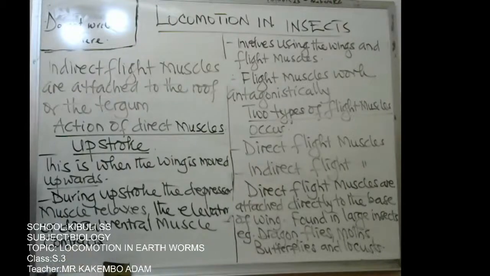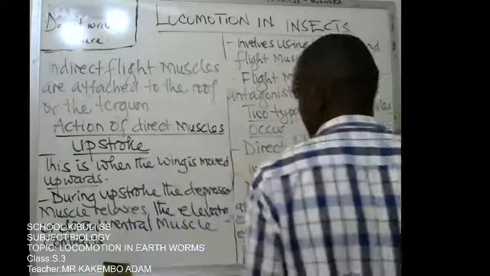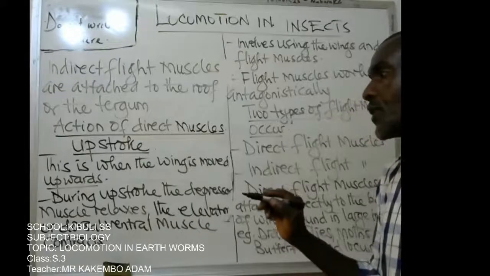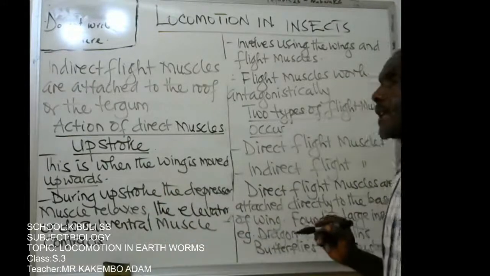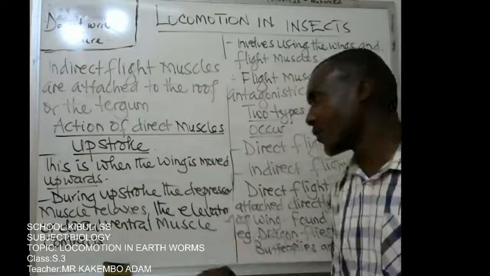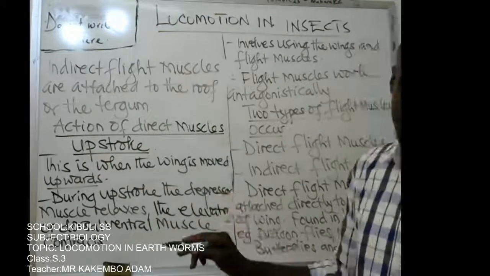Please take notes of the most important changes. During upstroke, the depressor muscle relaxes, and the elevator or dorsal ventral muscle contracts.